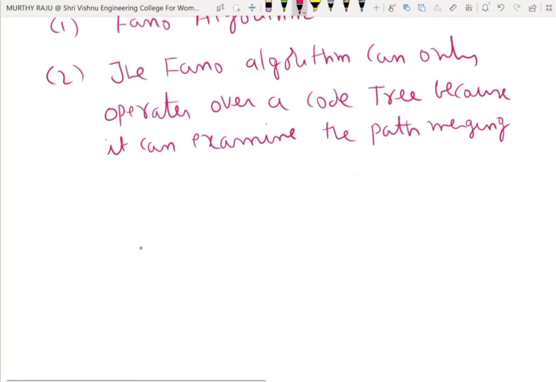Because code tree means starting from the initial state, the state initiates two transitions. The vertical line indicates the state, the horizontal line indicates the branch, and that branch indicates outputs of the convolutional encoder.